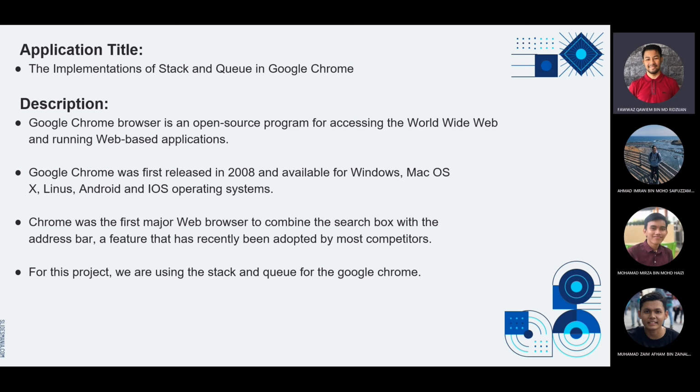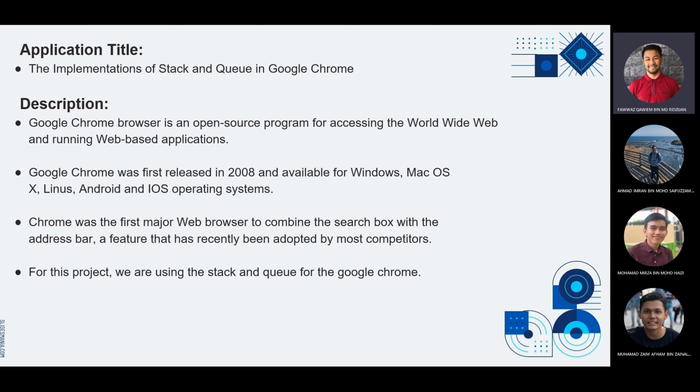For the application title, we chose the implementation of stack and queue in Google Chrome. For description, Google Chrome browser is an open source program for accessing the World Wide Web and running web-based applications.